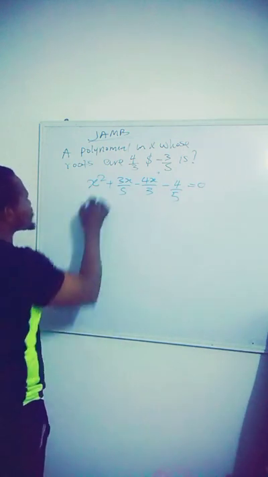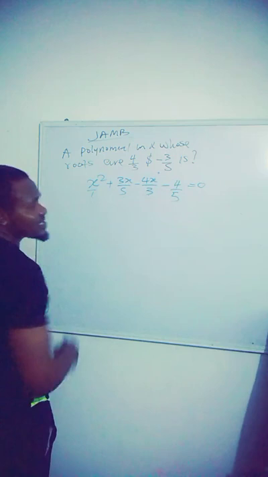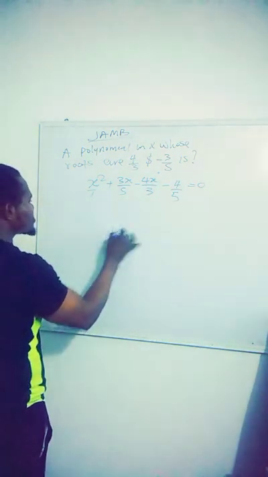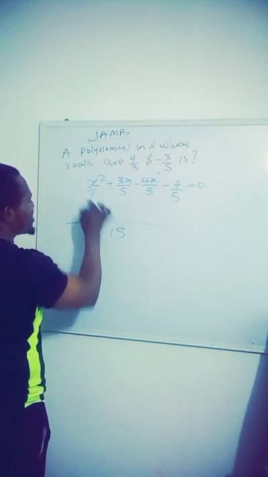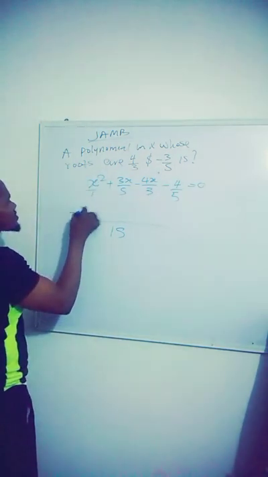So all you need to do, this is over 1. The smallest common multiple of 1, 5 and 3 is 15. So 1 in 15, 1 times s squared, you have s squared.